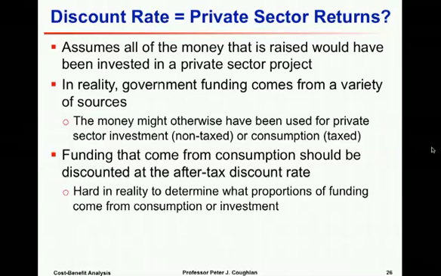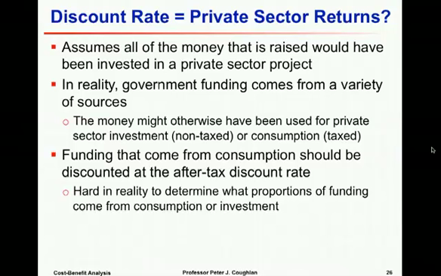So now the issue becomes, how do we adjust for the after-tax discount rate, right? Because again, if it was consumption, then that money would have otherwise been used for consumption, but some of that would have been taxed. So it gets complicated here, right? Because you've got to think about whether we should adjust for tax effects or not.